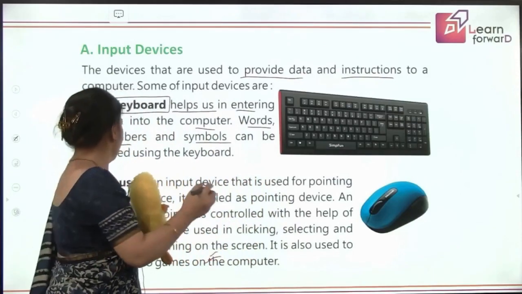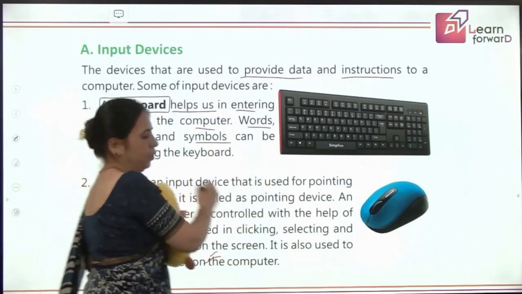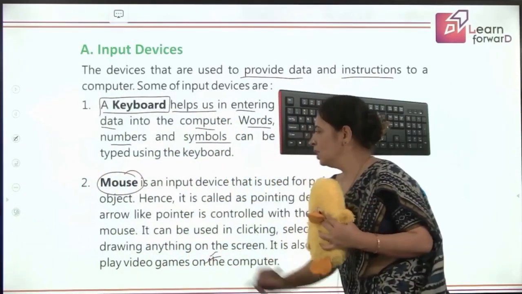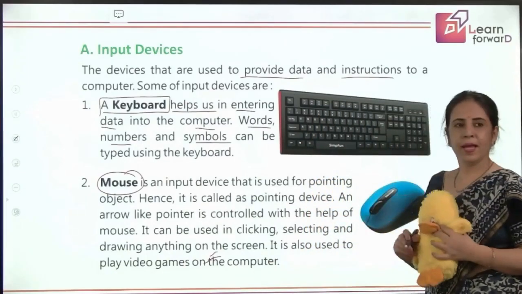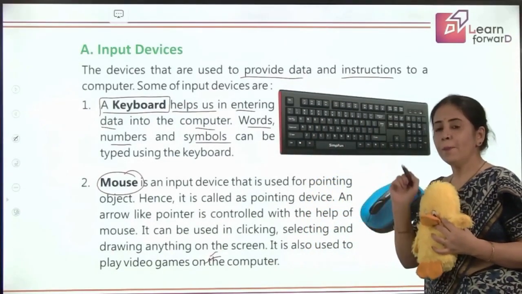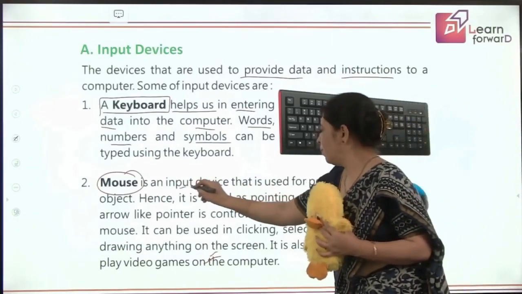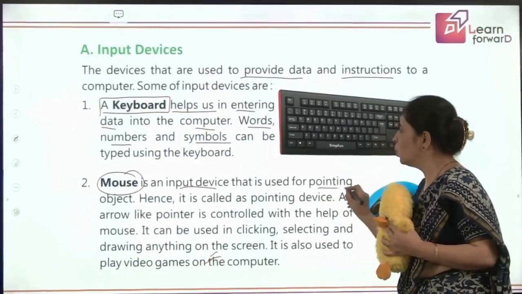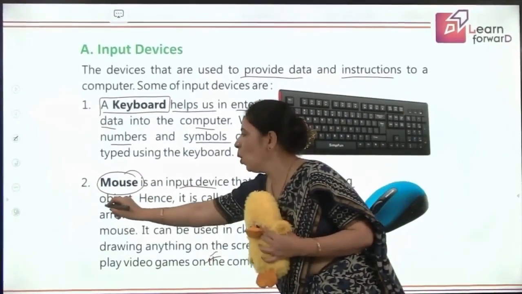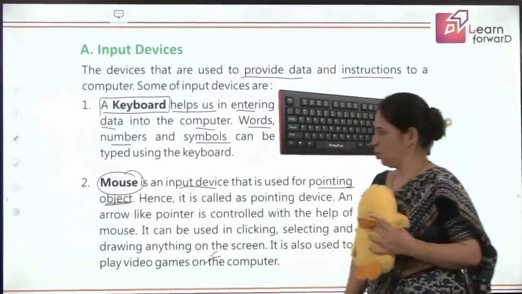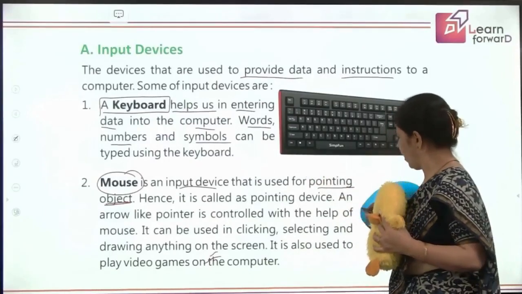Okay. Now we come to the second input device, that is mouse. So mouse looks like this. Yes, and it is an input device used for pointing. So this is the input device which is used to point at any object that comes on the screen. Suppose I am to point at this object.